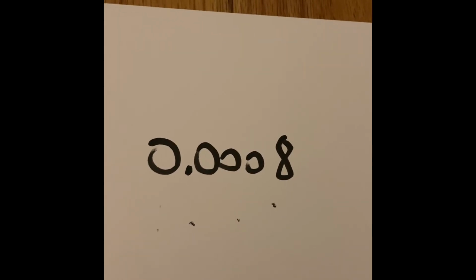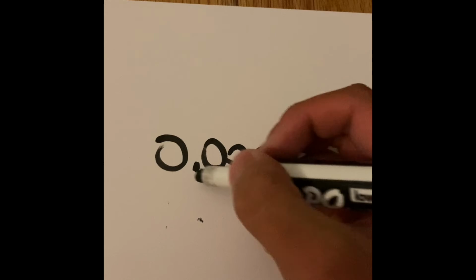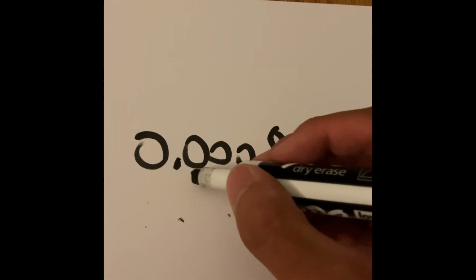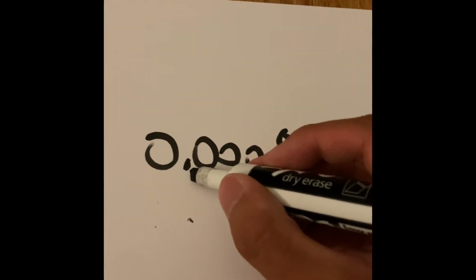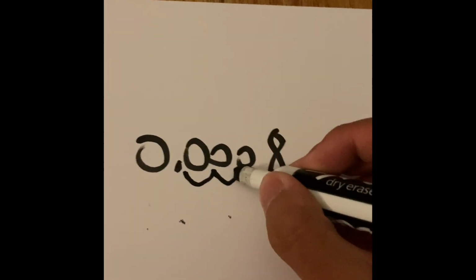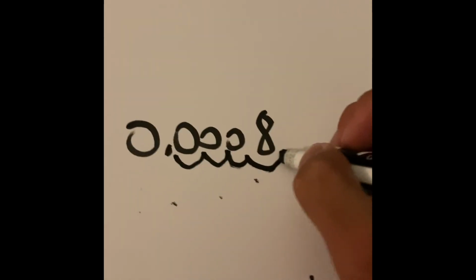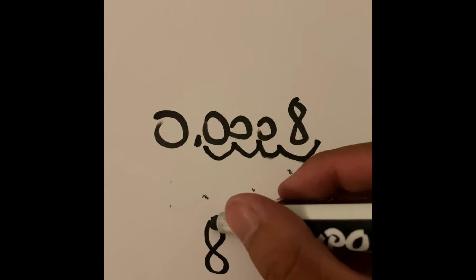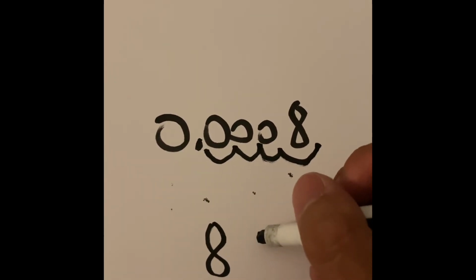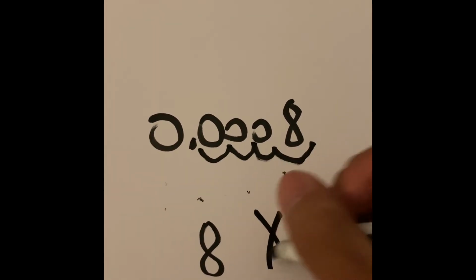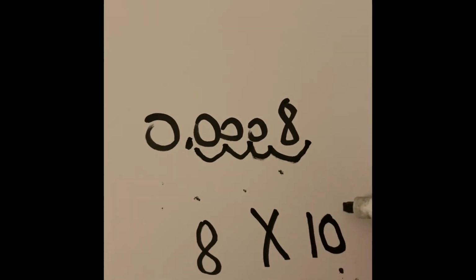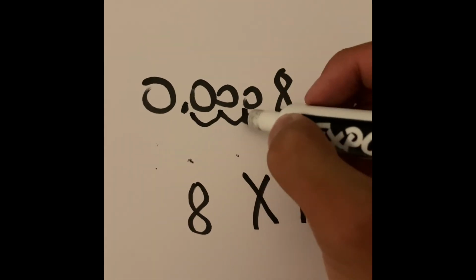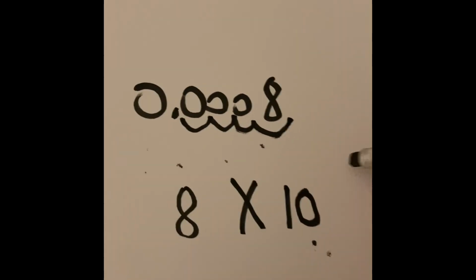So when we have a super tiny number like this, we're going to have that dot right here, that cute dot, and shift it 1, 2, 3, 4 places. So what we're going to do is put the 8 in the front, and we're going to multiply that by 10. You usually multiply things by 10, but since we jumped 1, 2, 3, 4, we're going to put 4 as the power.